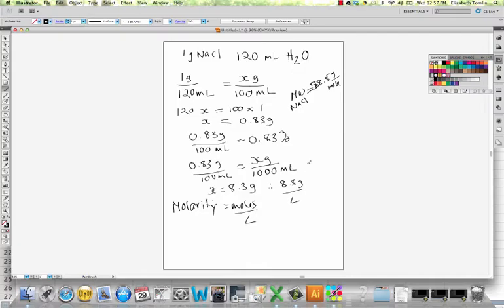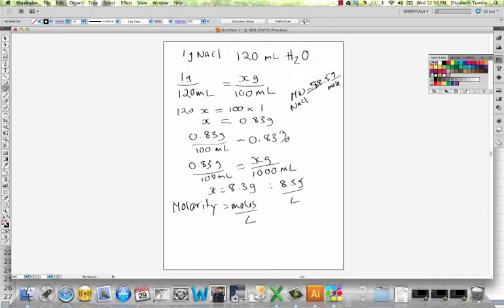So usually students don't have any problem knowing you have to multiply or divide by molecular weight, and if you're like me and can't remember anything, then you need a little trick to help you remember. So if you multiply 8.3 grams by 58.5 grams per mole, your units end up being grams squared over moles, which is not right. We want it to be moles, so obviously we have to divide.